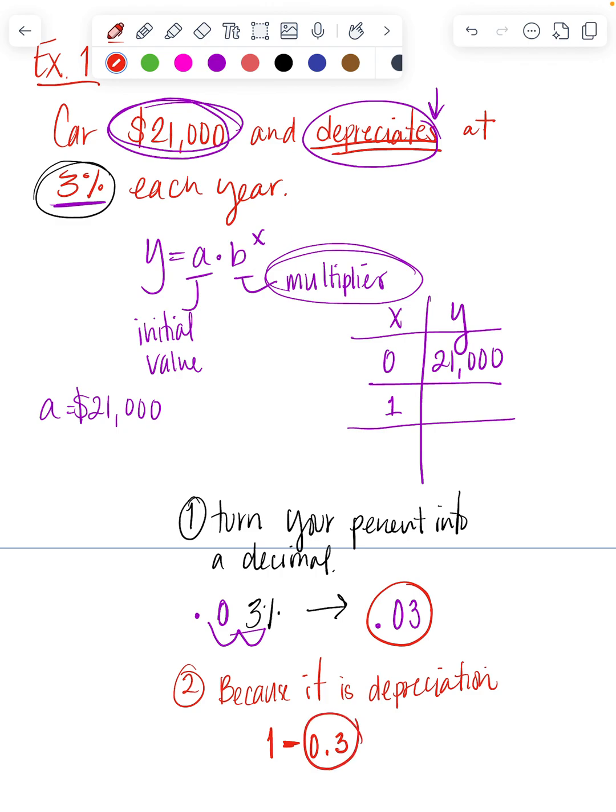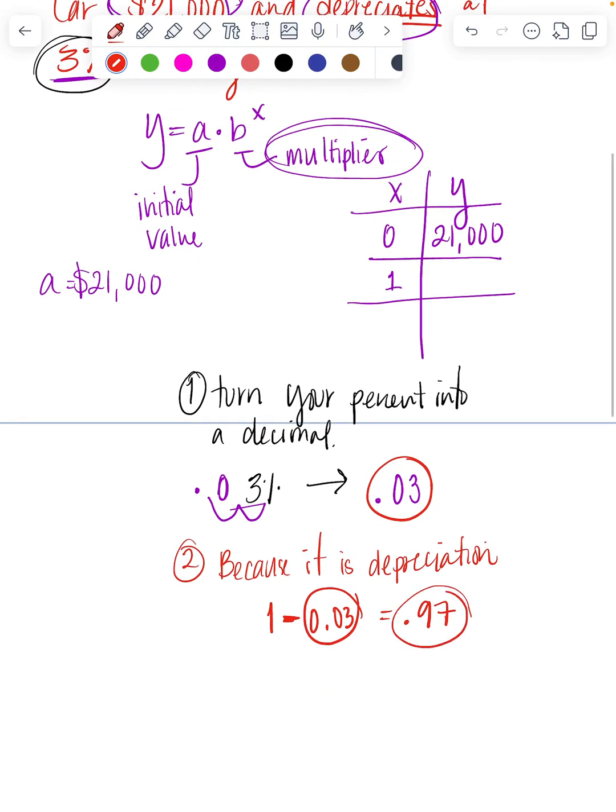We're going to take the decimal that we found from the first step and take it away from 1. So 1 minus 0.03 is equal to 0.97. And that is our multiplier.